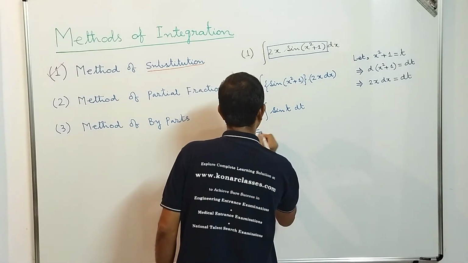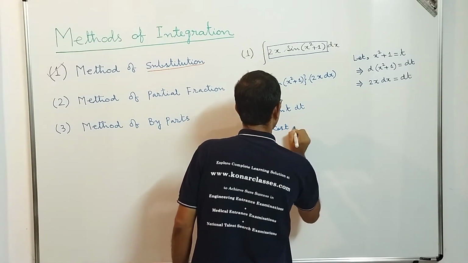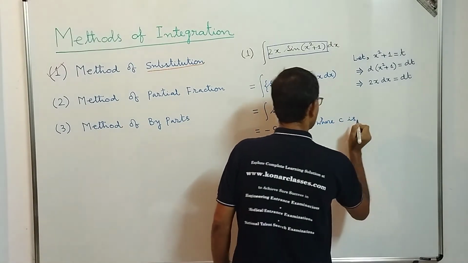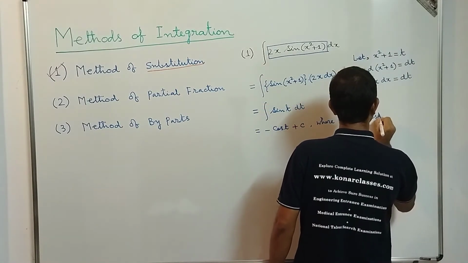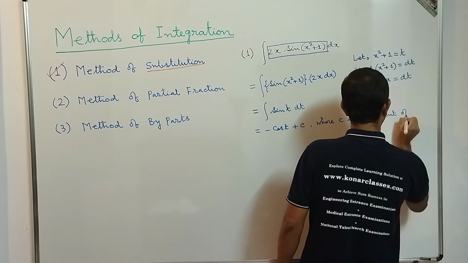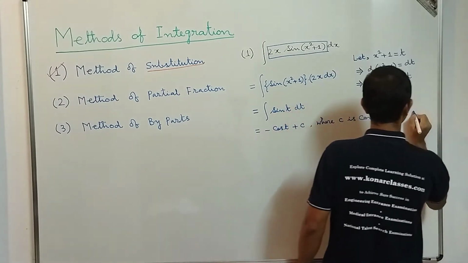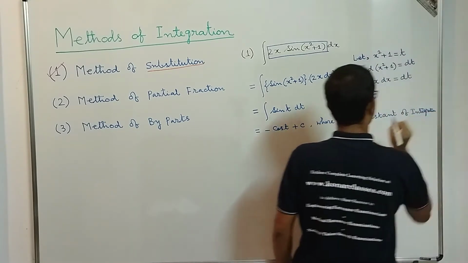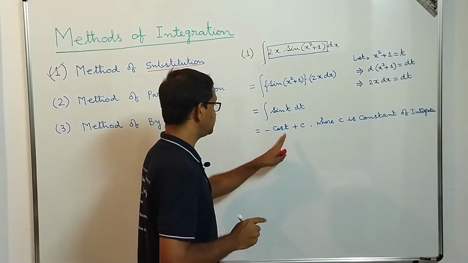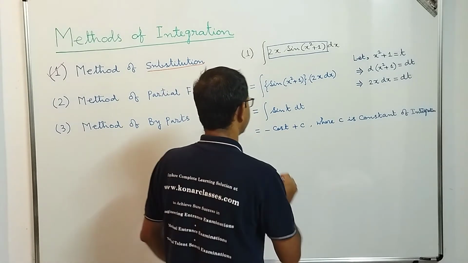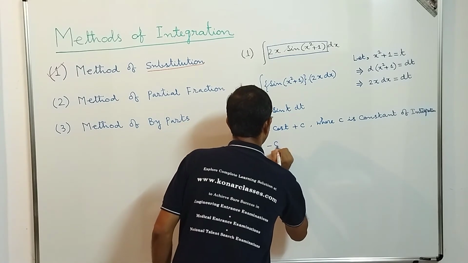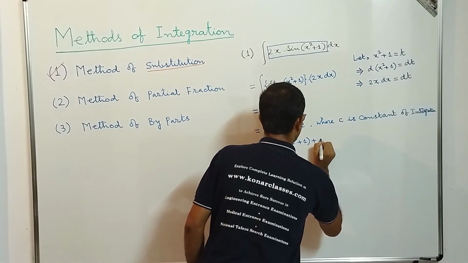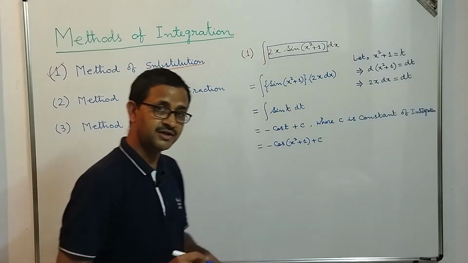That is equal to minus cos t plus c, where c is the constant of integration. But we should replace back the value of t, which is x square plus 1. So we get minus cos of x square plus 1 plus c.